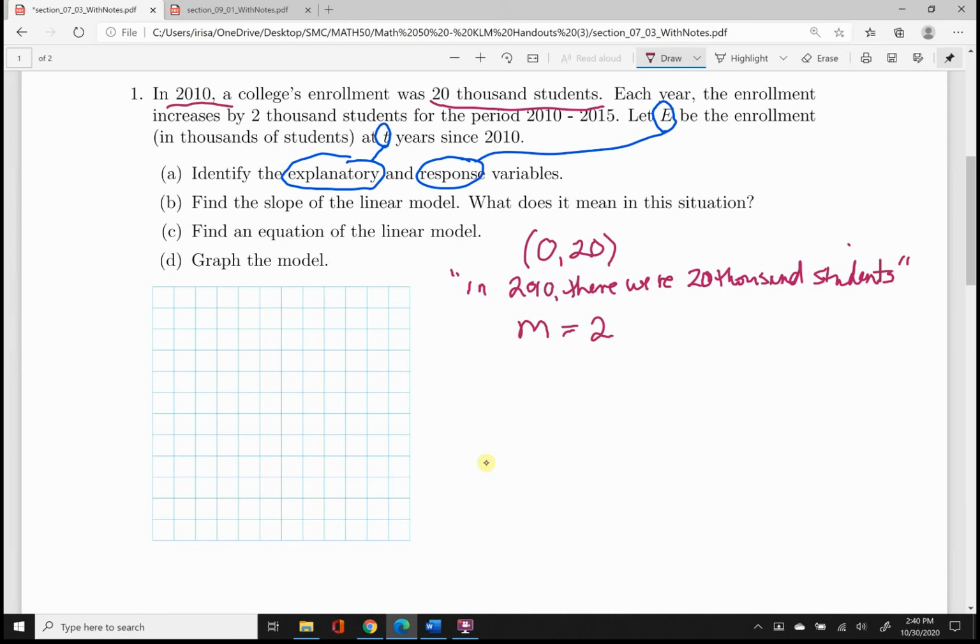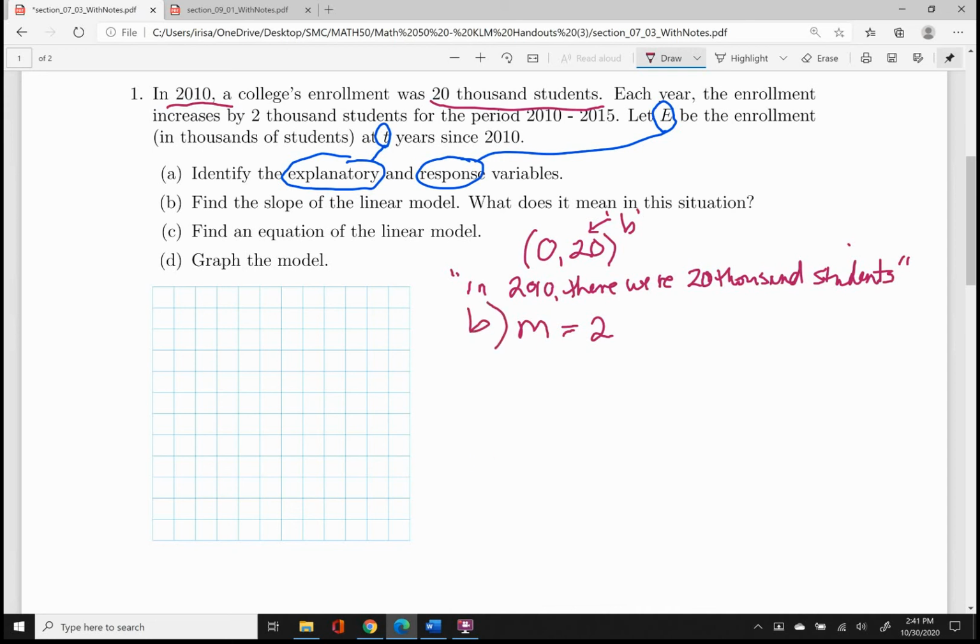So if this is the slope and this is your initial condition, this gives you your b value in your y equals mx plus b. Now remember, we're not talking about x and y here, we're talking about E and T as far as the variables are concerned. So the slope equals 2, that accounts for part b right there.